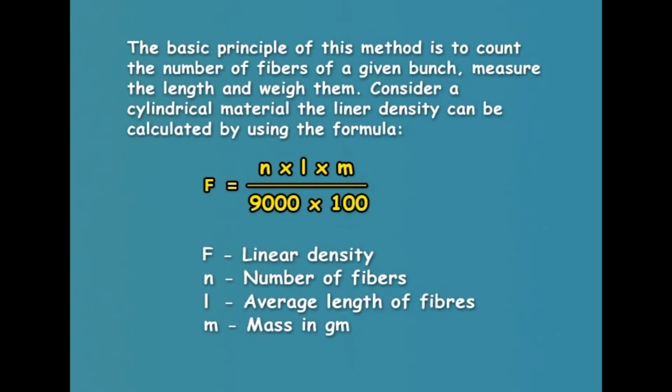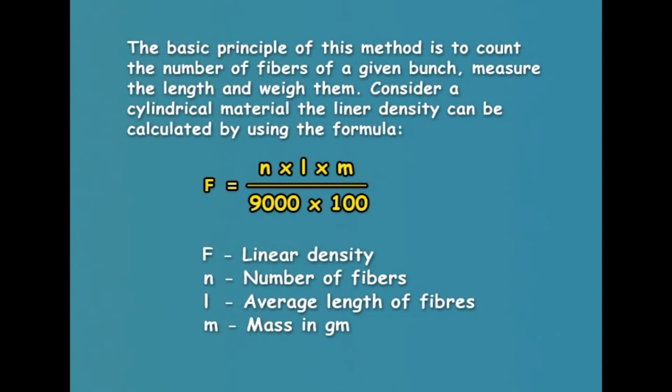The basic principle of this method is to count the number of fibers of a given bunch, measure the length and weigh them. Consider a cylindrical material. The linear density can be calculated by using the following formula. F is equal to N into L into M, that is divided by 9000 into 100.